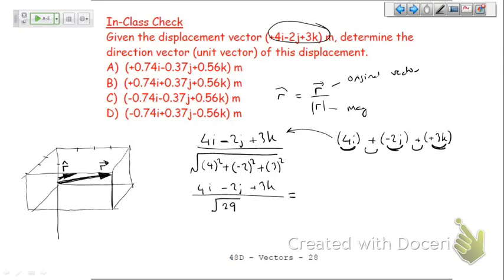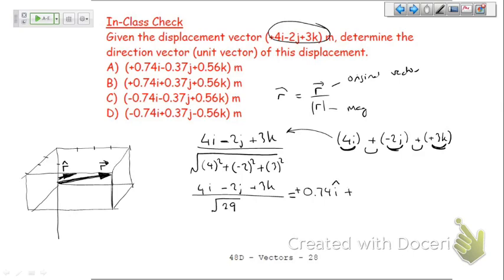What is the square root of 29? That's going to be 5.3, so it's 4 divided by that, the answer is going to be 0.74. And it's going to be a positive.